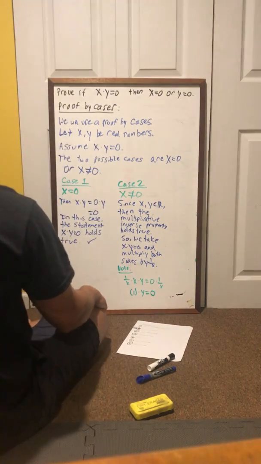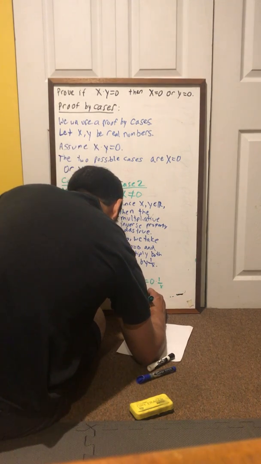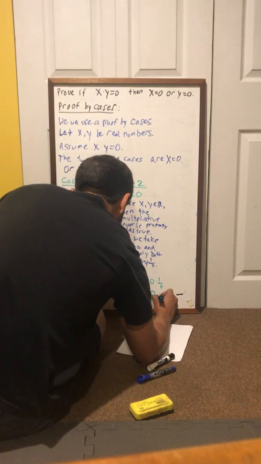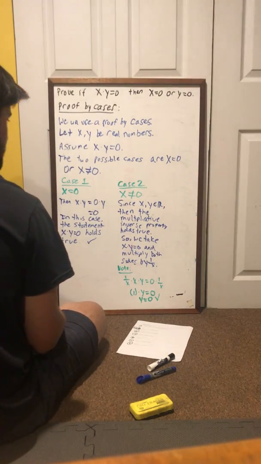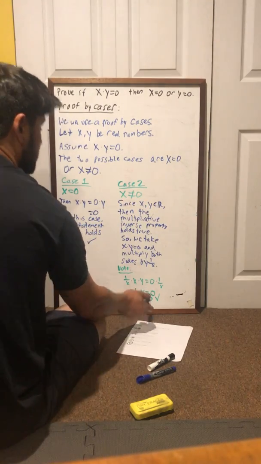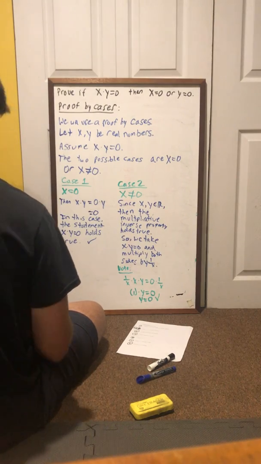Now, any number times 1 just gives you that number again. So y equals 0. Excellent. If x does not equal 0 in case 2, then y equals 0, exactly what we're looking for, for our case 2.